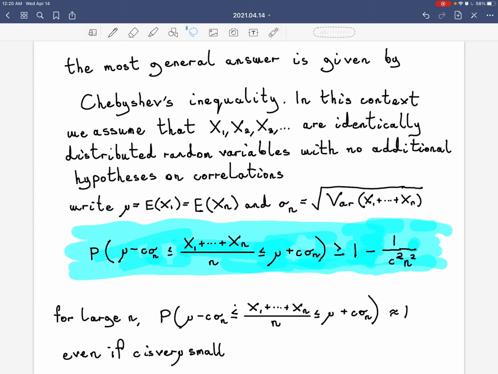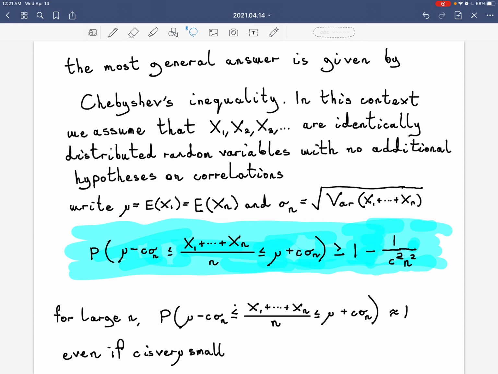And so we have an average that's being measured with an error interval around the mean, and the error interval is in units of standard deviation, and this parameter c is telling us the width of the error interval.